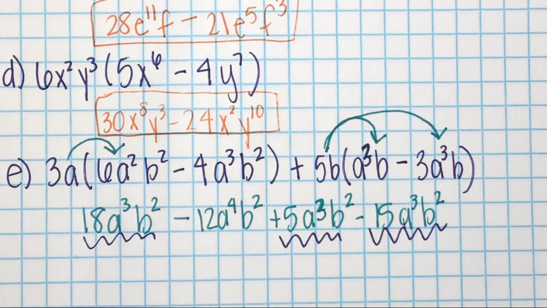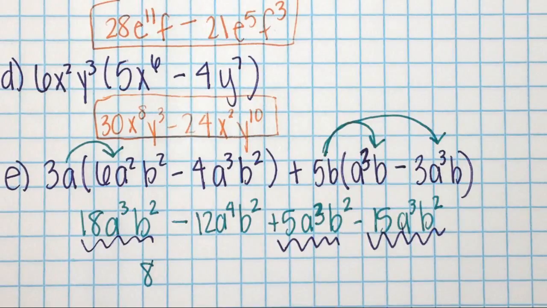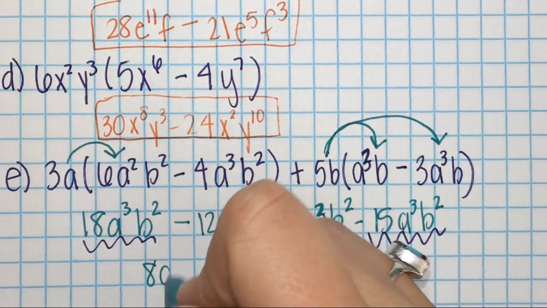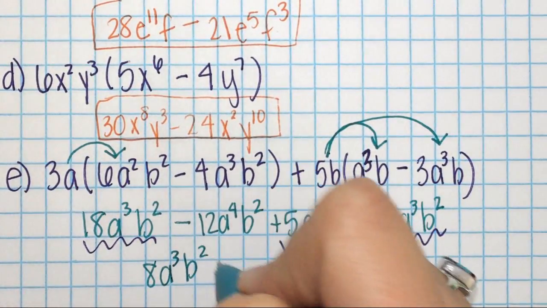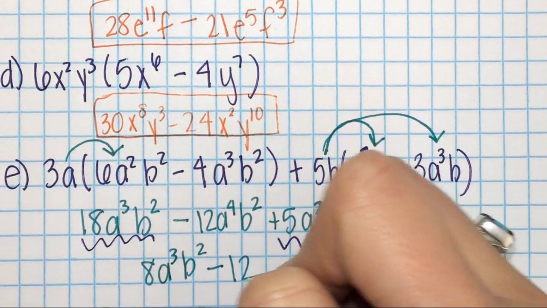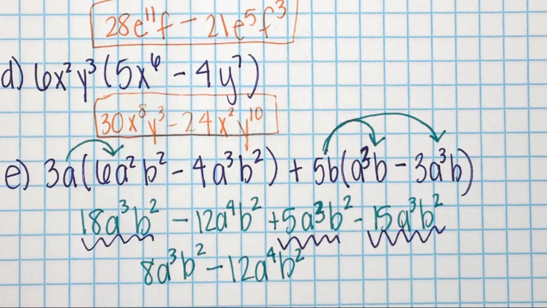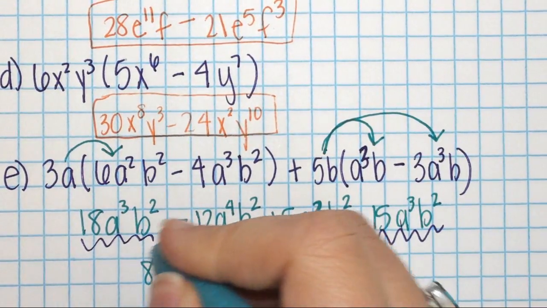So what's 18 plus 5? 23. And what's 23 minus 15? 8. And then what do I write beside it? A cubed b squared minus 12a to the fourth power b squared. Am I done? Yes.